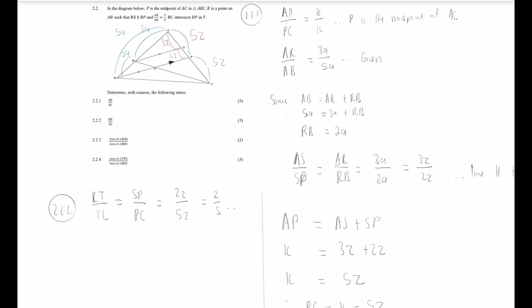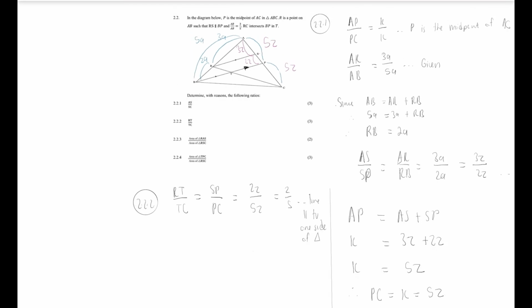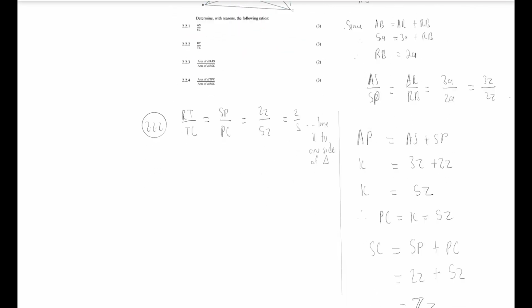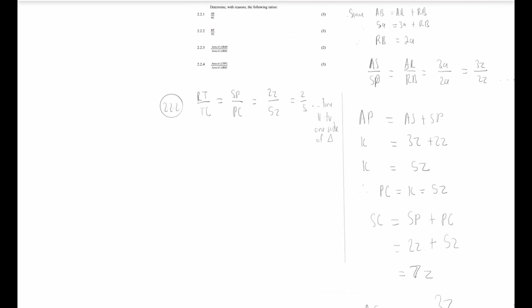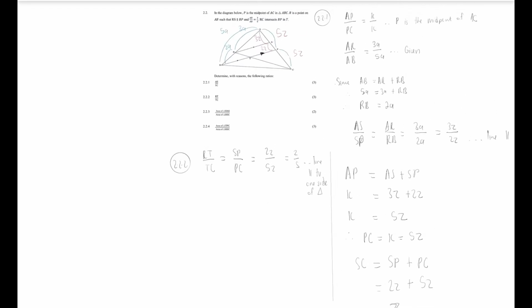Then the reason is line parallel to one side of a triangle, like that. And then we continue 2.2.3.